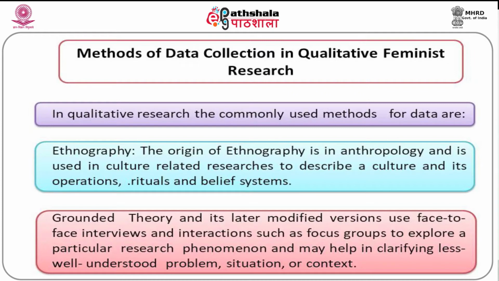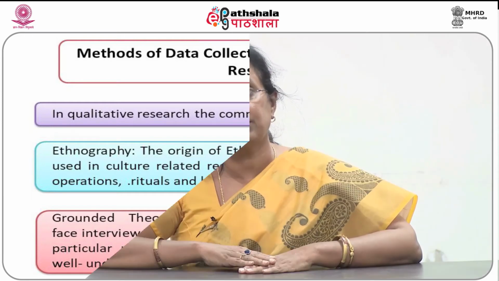The origin of ethnography is anthropology and it is used in culture-related researches to describe a culture and its operations, rituals, and belief systems. The other method is grounded theory, and its later modified versions use face-to-face interviews and interactions such as focus groups to explore a particular research phenomenon and may help in clarifying a less well understood problem, situation, or context.